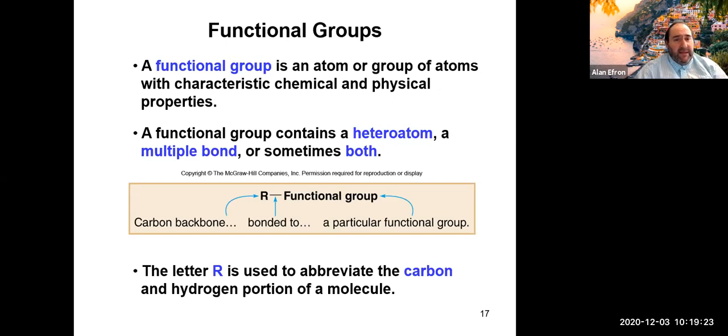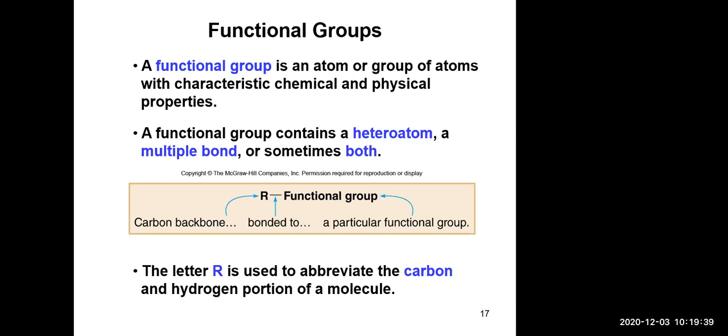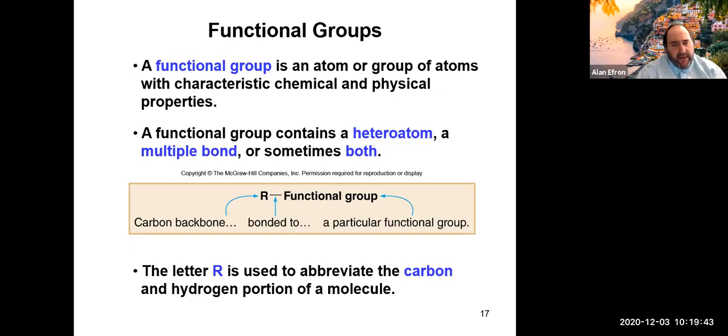You can often think of alkanes, those carbon-carbon single bonds, as the basic units of organic molecules, and everything is built off of them. By changing certain things, it does give us different functional groups.